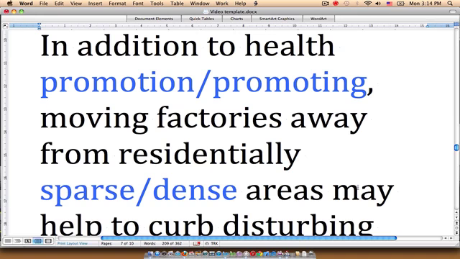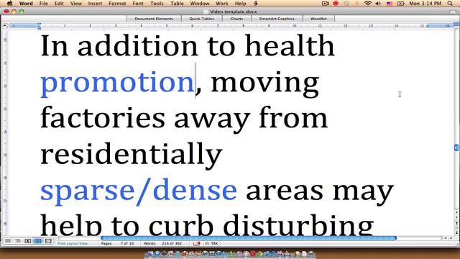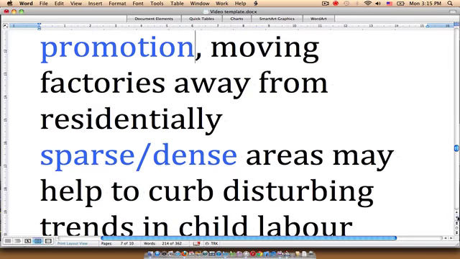Okay, the first one is, of course, a simple grammatical question, and we need a noun here. So we would choose "health promotion." The second question is in relation to our argument. Now, the words sparse and dense have opposite meanings. Sparse refers to something that is not particularly dense. I can't think of another word for dense.